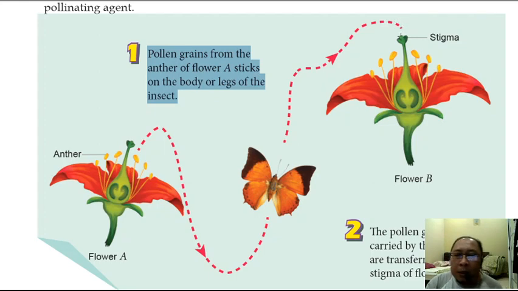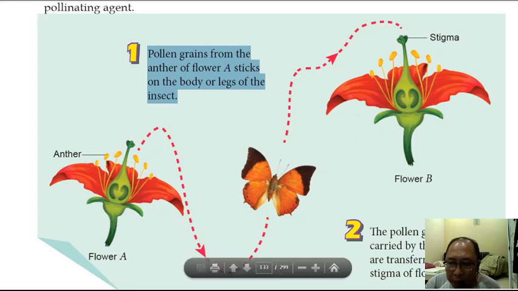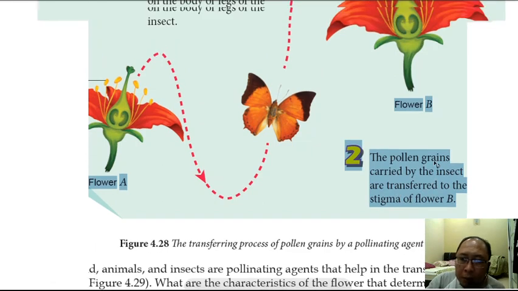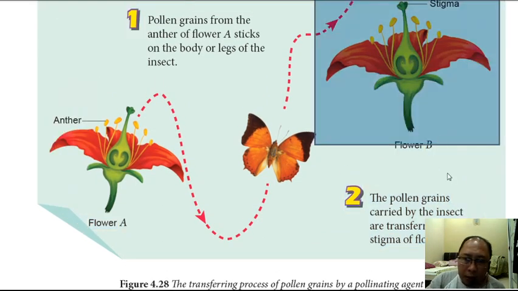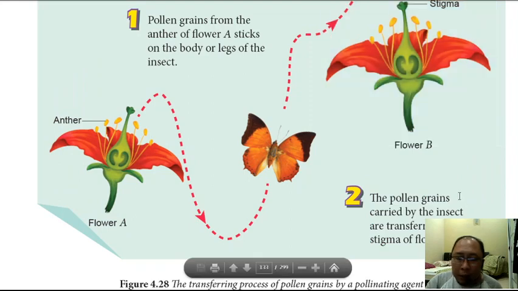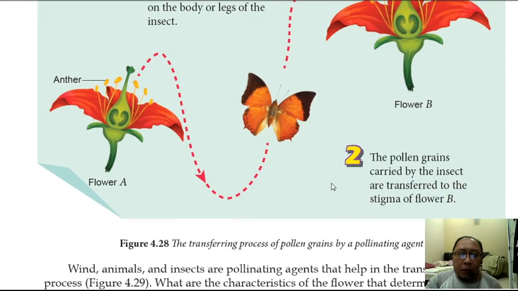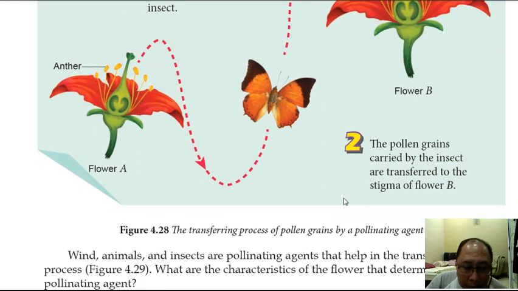So the pollen grain from flower A is transferred to the surface of the stigma of flower B. The pollen grain carried by the insect is transferred to the stigma of flower B. So this is how a pollinating agent helps the process of pollination. So what are the other pollinating agents that can also assist in the process of pollination?